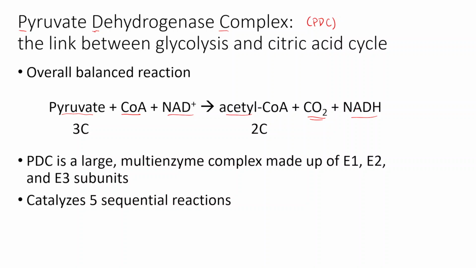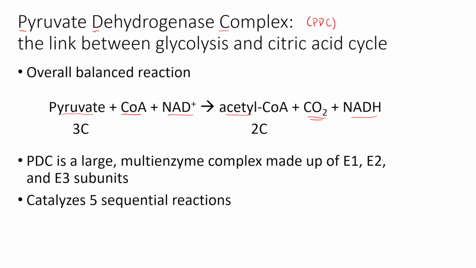NADH, as the reduced form, can also be used later on during oxidative phosphorylation as another way to generate ATP. There are actually 5 different reactions that go into this overall balanced reaction, but all of them take place on the pyruvate dehydrogenase complex. It's called a complex because it's large and has multiple enzymes within it.